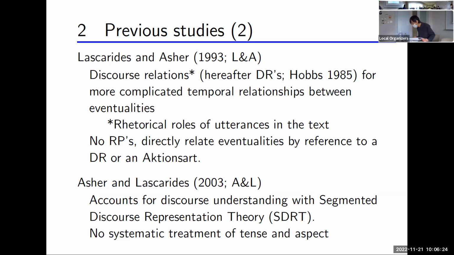And Asher and Lascarides 2003 give accounts of discourse understanding, similar to Lascarides and Asher 1993, with segmented discourse representation theory. They don't offer a systematic treatment of tense and aspect, but do analyze some temporal relations as directly derived from discourse relations, as in Lascarides and Asher 1993.